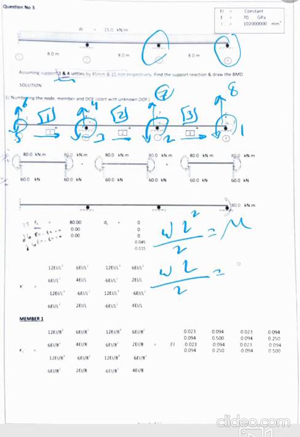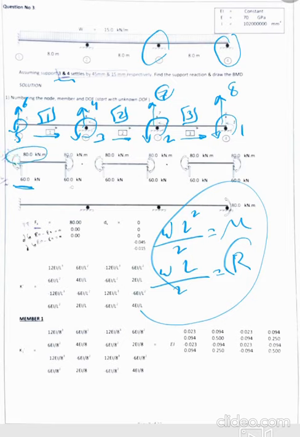Using these equations we get a load of 60 kilonewton and a moment of 80 kilonewton meter, and also here 60 and 80, because it's the same length.